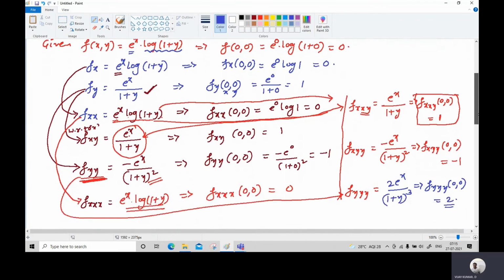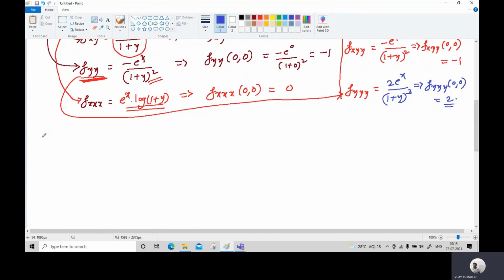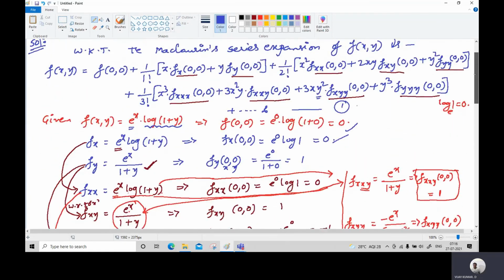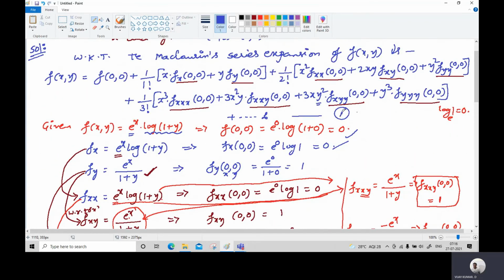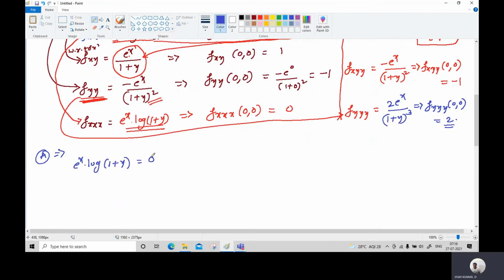Now we have to substitute all these values one by one in the formula. Okay, see here. First two terms are zeros. So equation A implies e power x into log of 1 plus y. I am replacing all these values in this equation A, which is the Maclaurin series expansion formula. Function at 0, 0, which is 0, plus 1 by 1 factorial into x into fx.